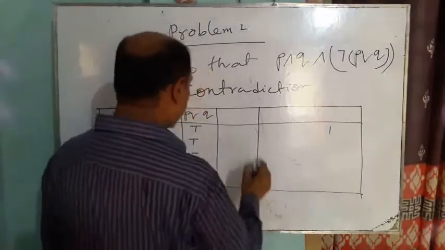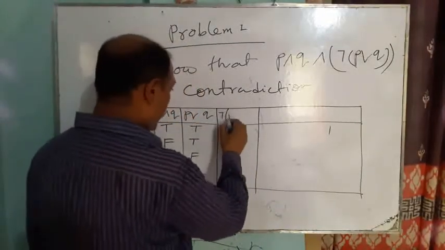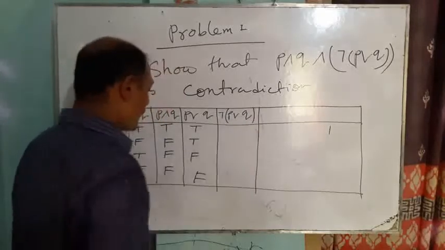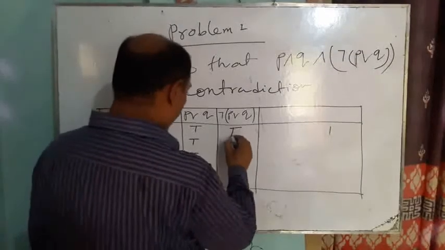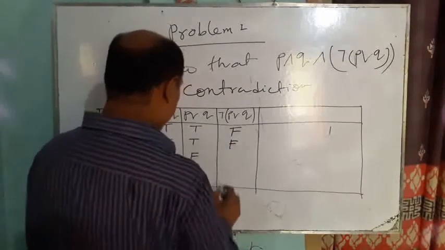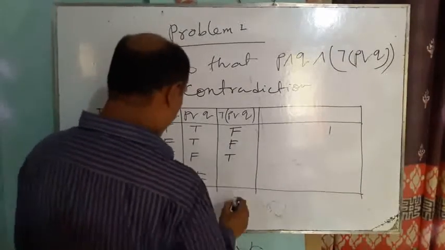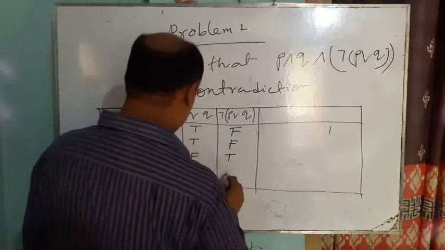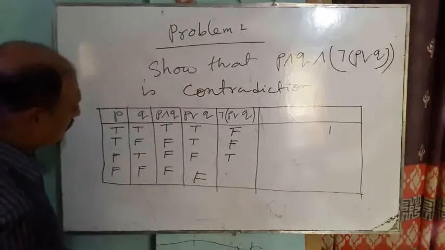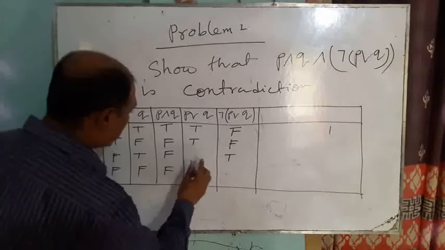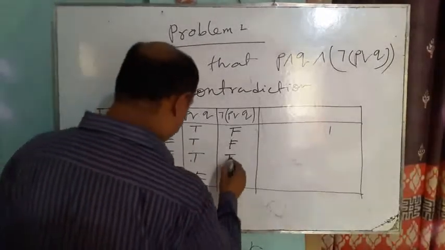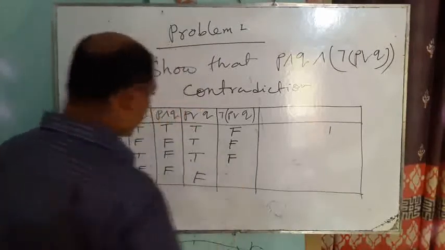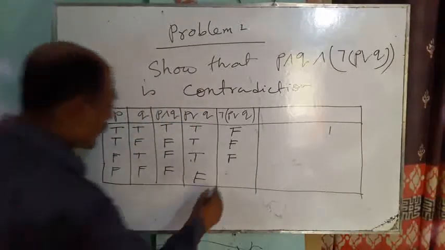Negative of P disjunction Q: false, false, false, true.